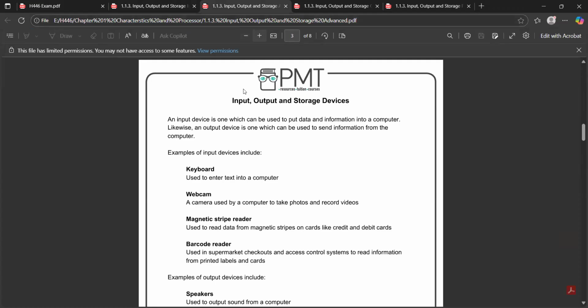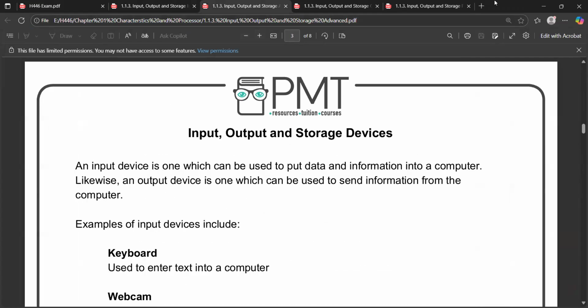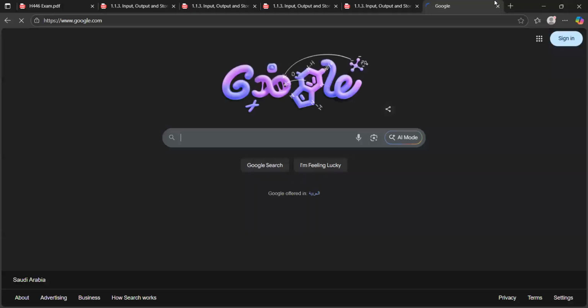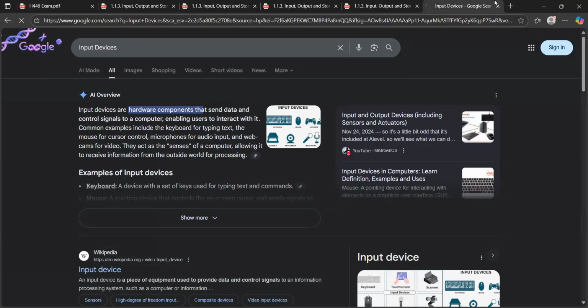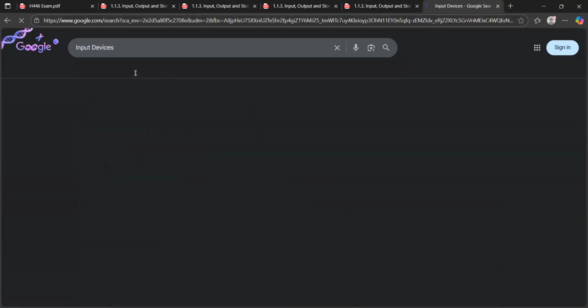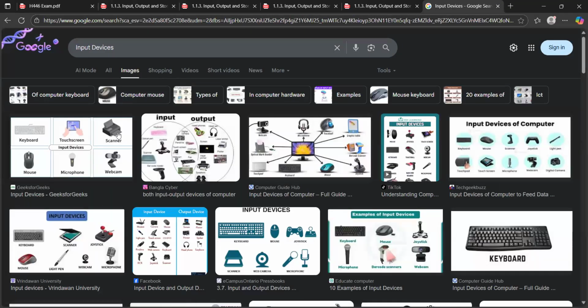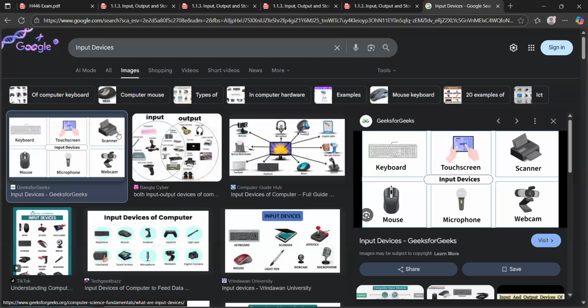Basically, first of all, you need to understand what is an input device, and input devices are all those devices that are used to send instructions, data to your computer system, or they enable the user to interact with it. What is an input device? Input devices are all those devices that are used to send data instructions to your computer system so that they can interact with your computer system.